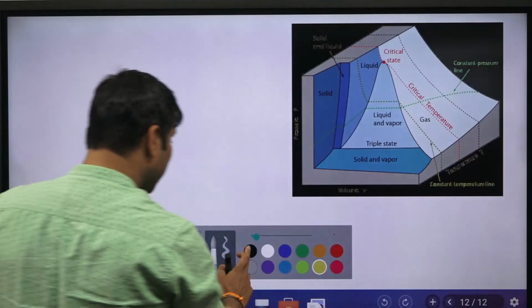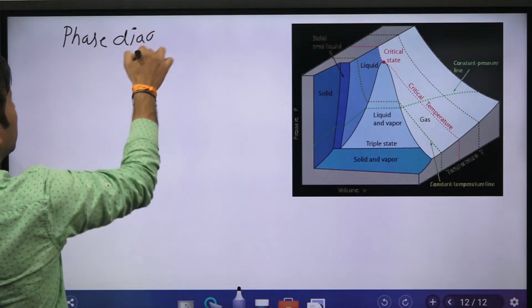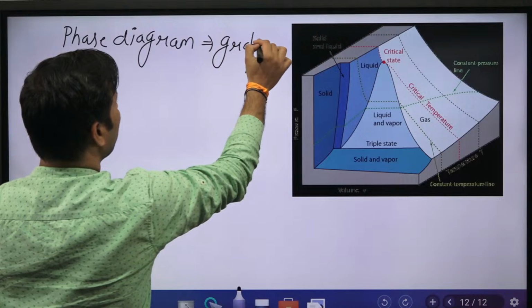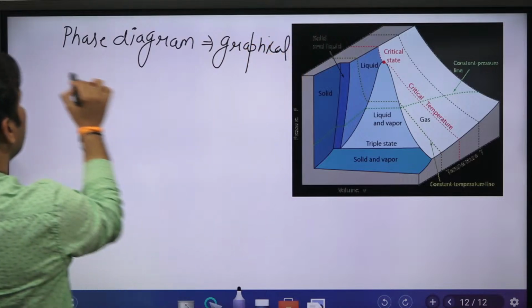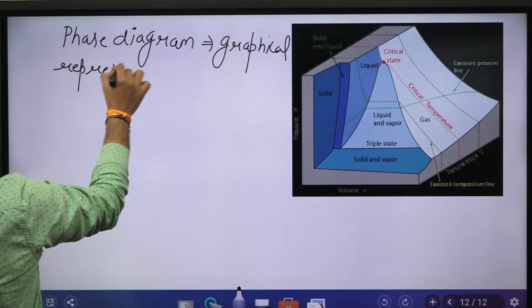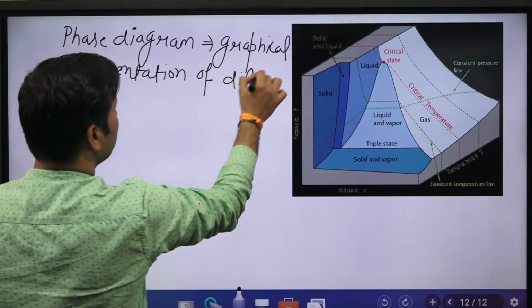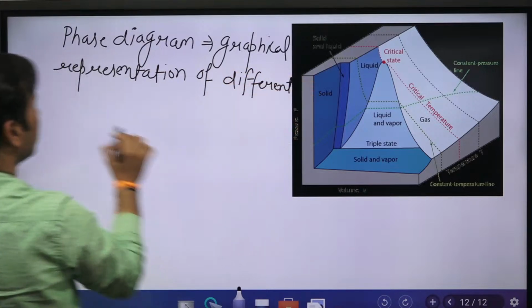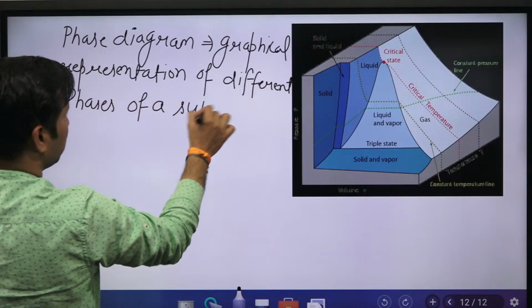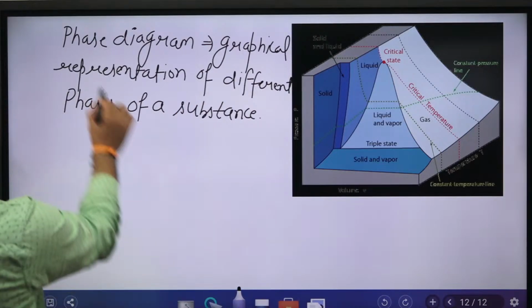The graphical representation of different phases of a substance, that is known as a phase diagram.